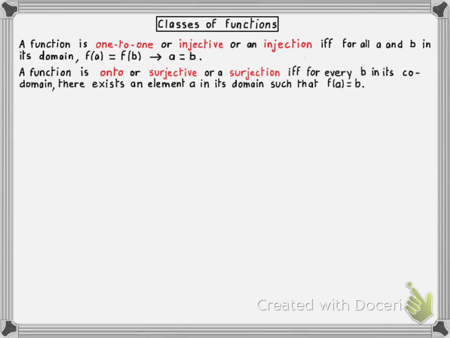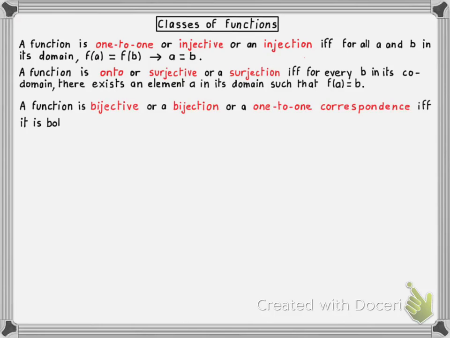third class of functions. These are called bijective functions or bijections or one-to-one correspondences. So a function is bijective if and only if it is both one-to-one and onto, as we just defined those two properties.